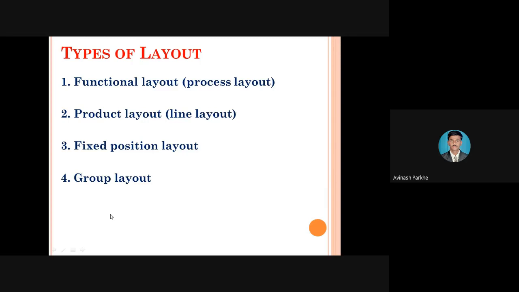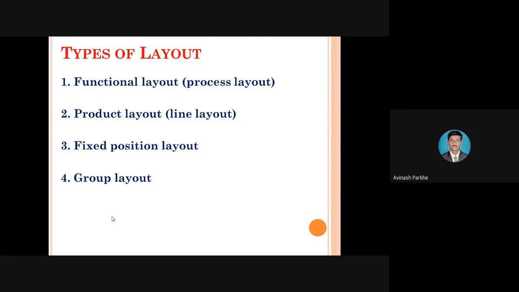So these are basically the 4 types of layouts which are mostly used in various types of industry as per the requirement of the product. Which type of product we are manufacturing in that industry, as per the requirement of the product, first of all we have to finalize the type of layout.